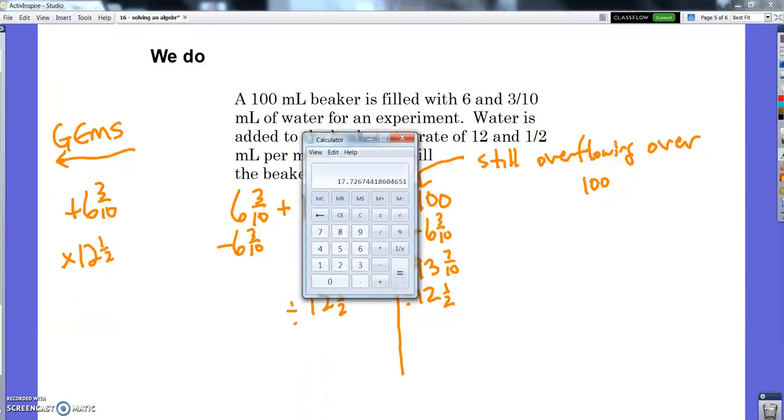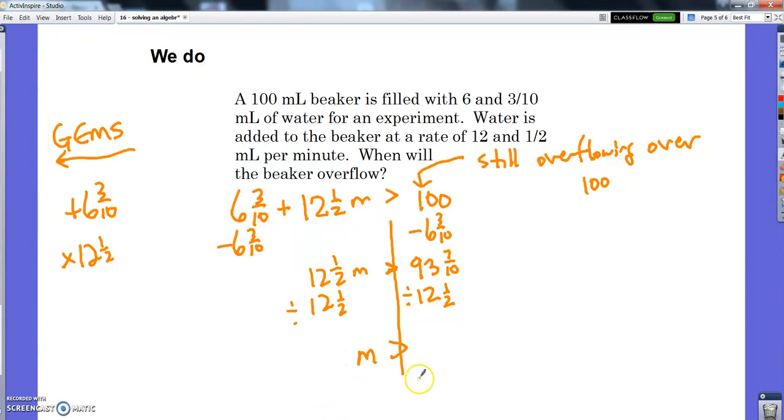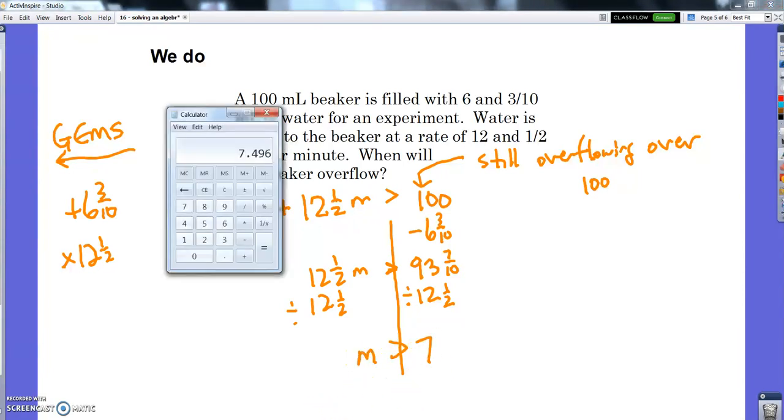And I will get, let's see, 93 7/10 divided by 12.5 is about 7.5 minutes. When you get the number of minutes has to be more than 7.496 thousandths.